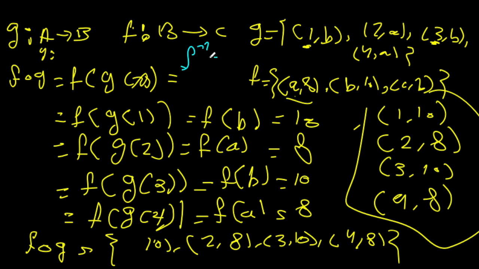So F inverse is basically equal to 2C, 8A, and the last one, which is 10B. So this is F inverse.